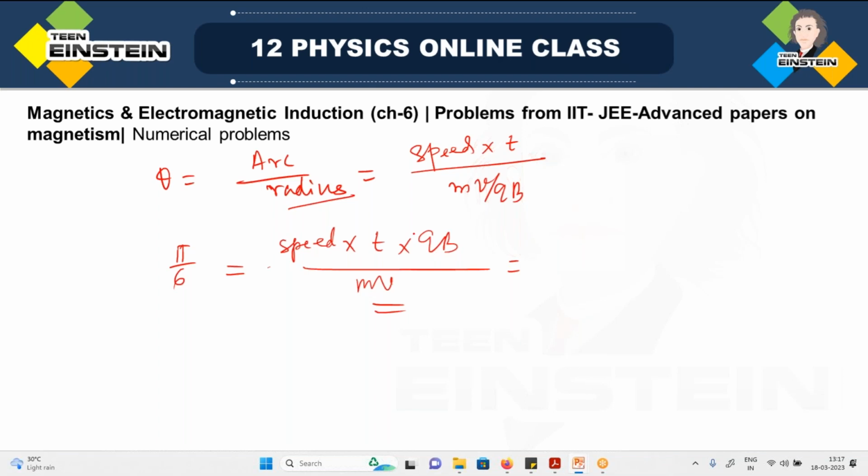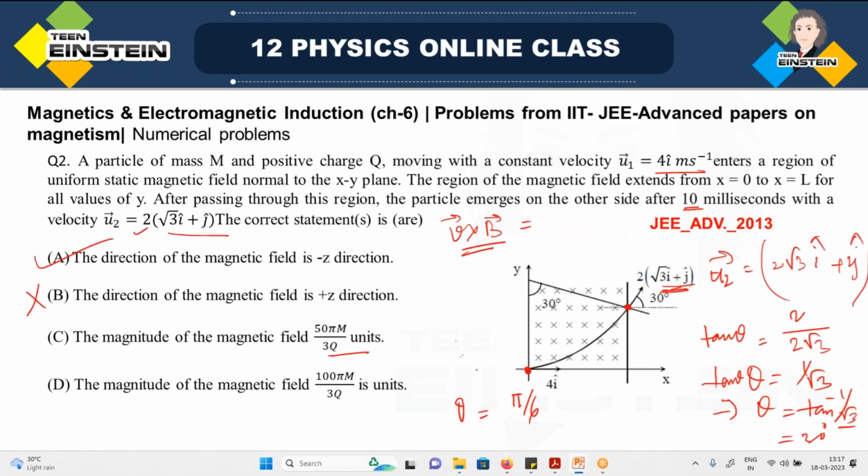What is the speed? Speed can be taken as the initial speed 4, into t, which is 10 millisecond, 10 to the power minus 3. Q, let it be, and B is there.